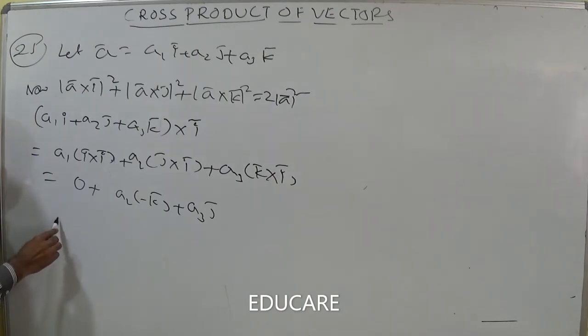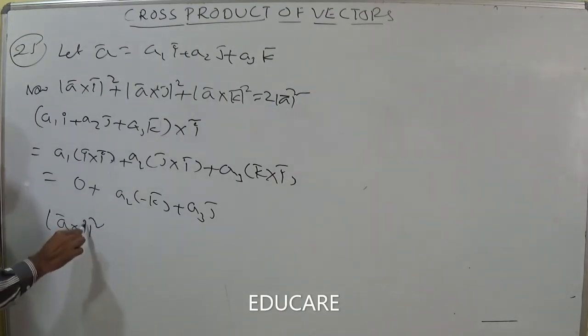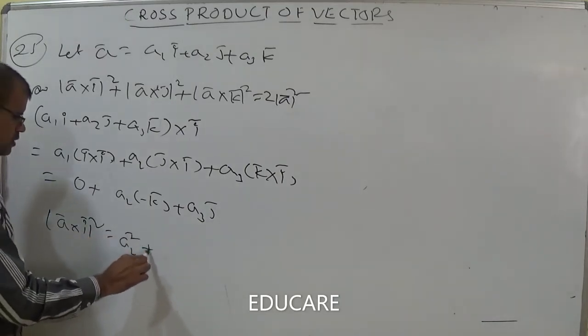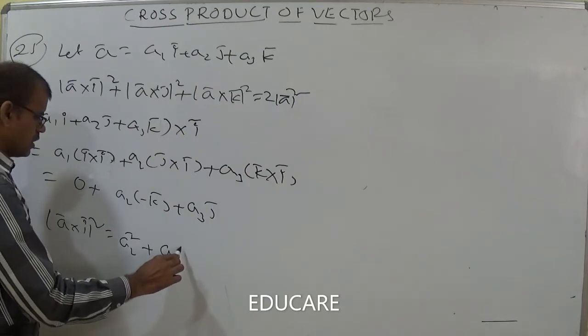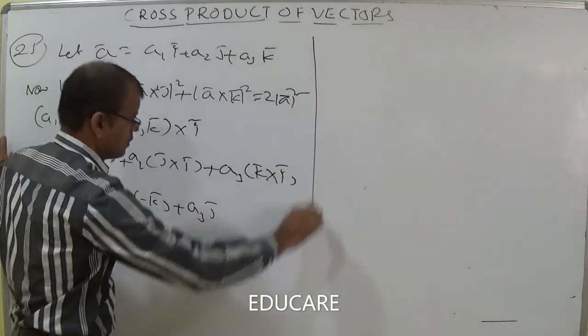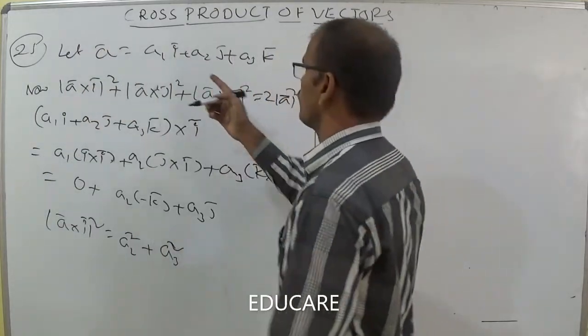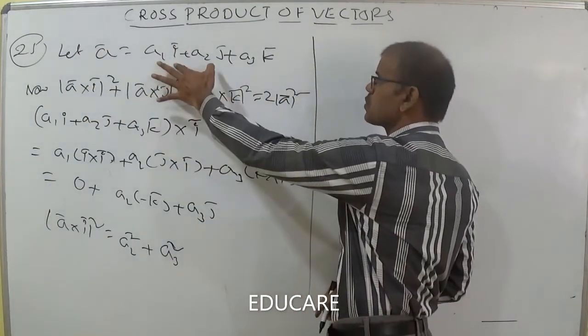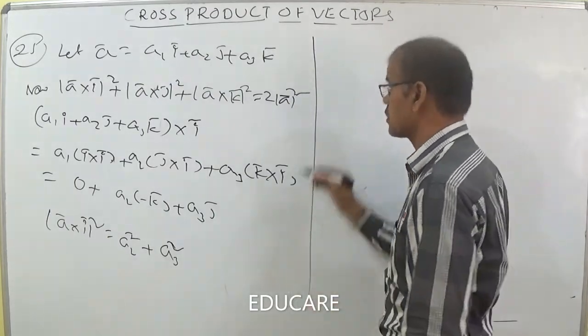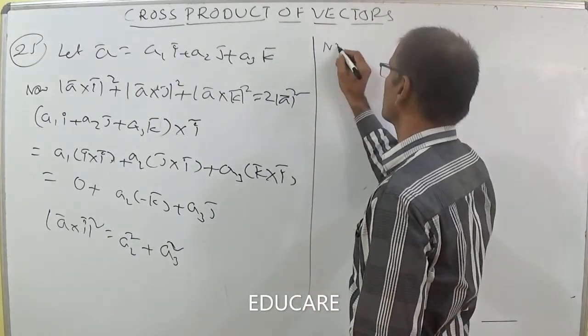So modulus of A cross i whole square is component square plus component square, that is A2 square plus A3 square. Now mod A square is component square plus component square plus component square: A1 square plus A2 square plus A3 square.